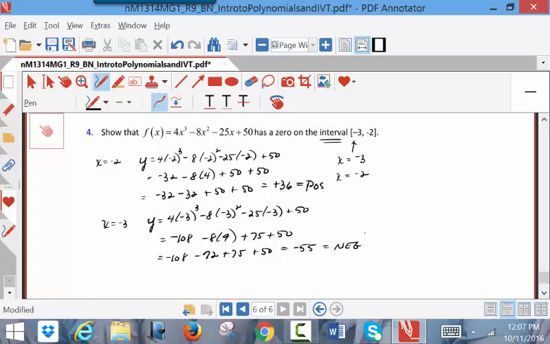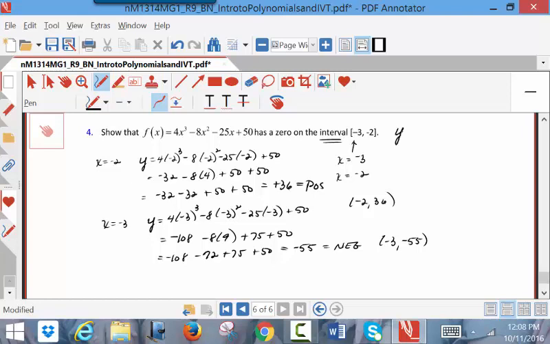We were going through the point negative 3, negative 55, and then the point negative 2, 36. If I go through those two points and I draw a line, am I going to cross the x-axis? Yes.